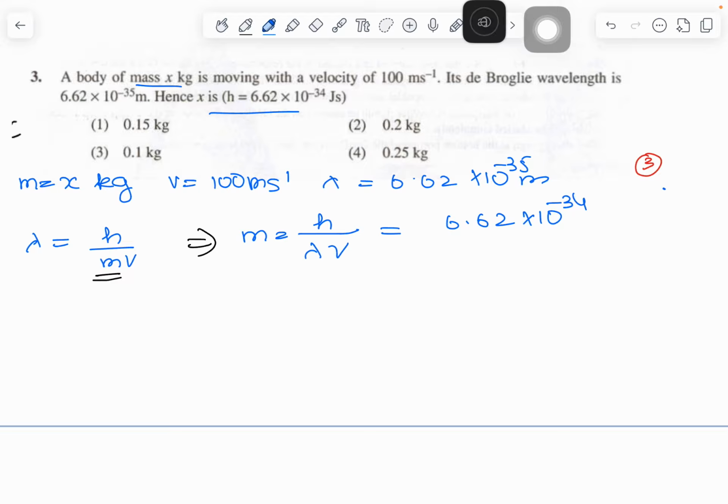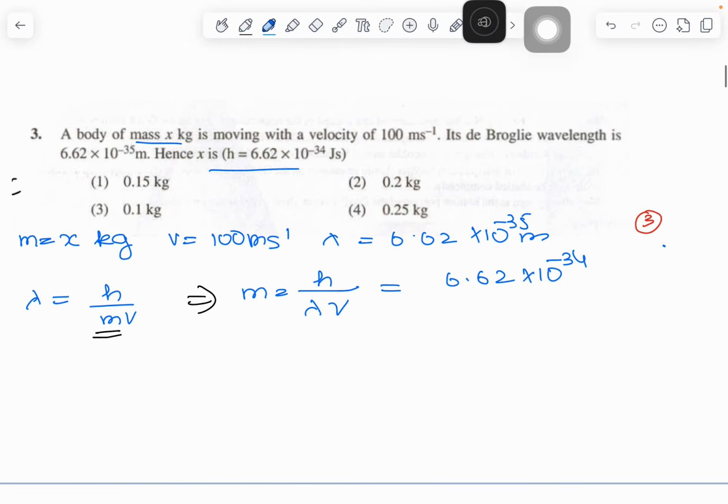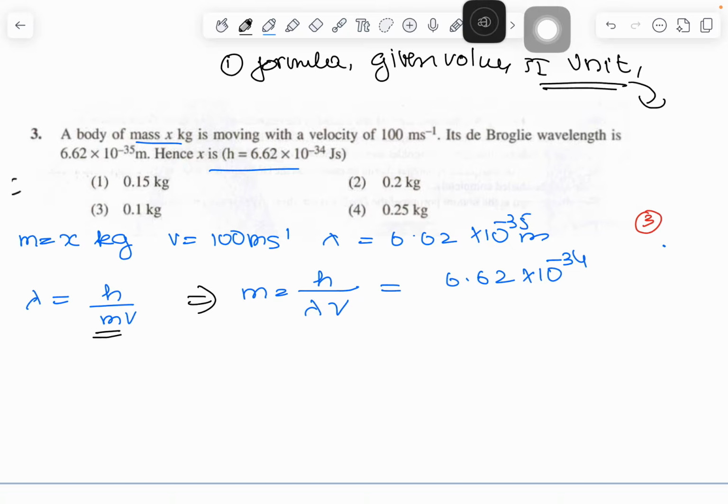Whenever you solve any physical chemistry question, such as in atomic structure, make sure that along with writing the formula and putting in all the given values, you write even the SI unit, because it is important to check that whatever SI unit you have at the end is the same as the required unit, or whether you are supposed to convert it to some other unit. So make sure to write units for each and every value.